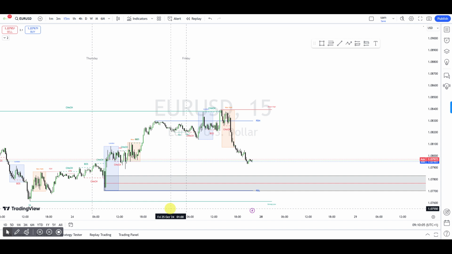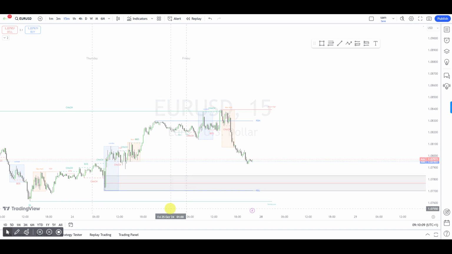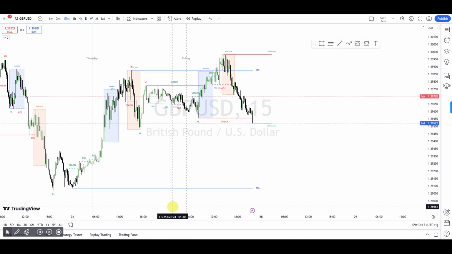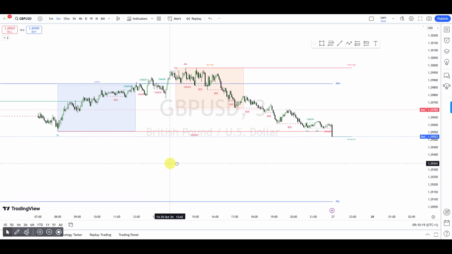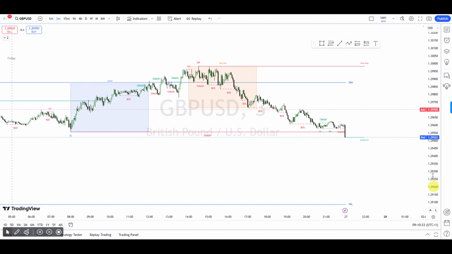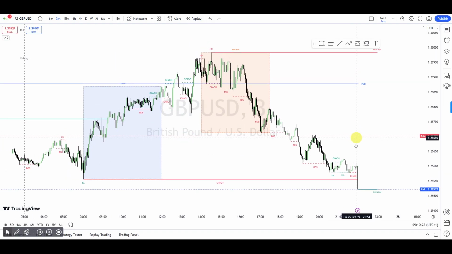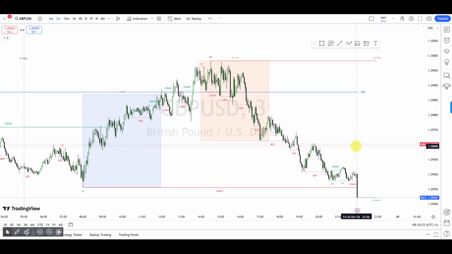I would say you guys should take my chart and apply it to GBPUSD. Just the way I did mine, you can take yours and apply it to GBPUSD and see how it applies to you.